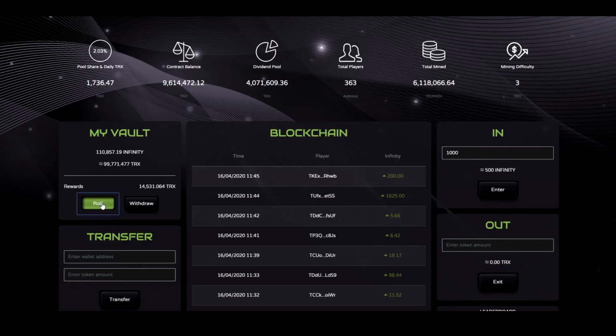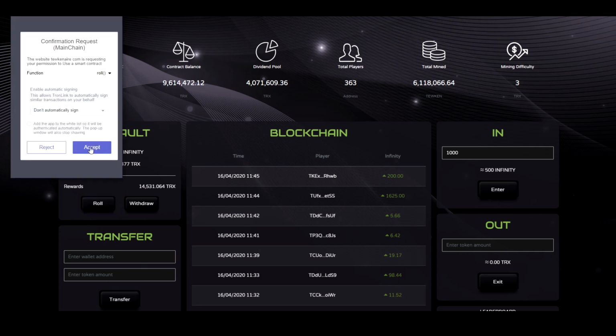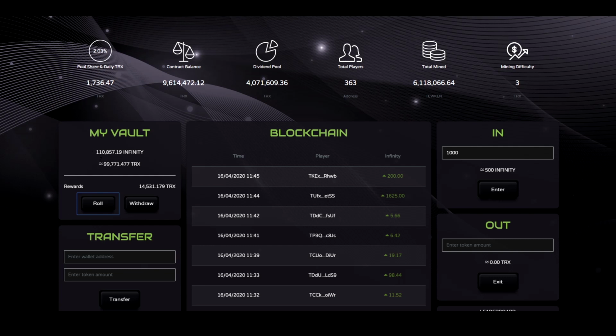So I'm going to roll, accept the transaction, and we'll see this go up by about 7,000, 8,000. We can see that increased my pool share and the amount of TRX I'm going to get every day.